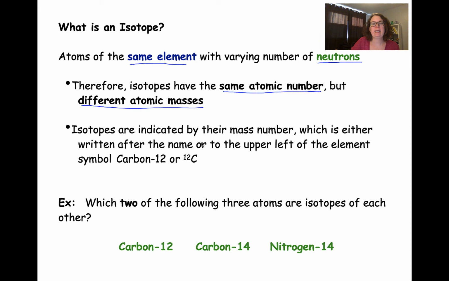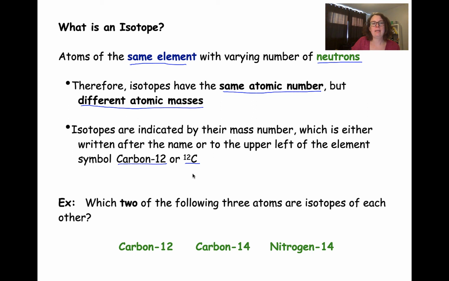And we can indicate isotopes by their mass number, which is either written after the name, so carbon 12 indicates a carbon atom with a mass of 12, and so does this, where we have carbon with a superscript up on the left-hand side.